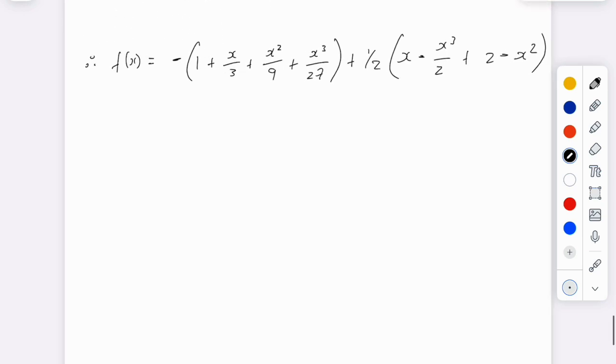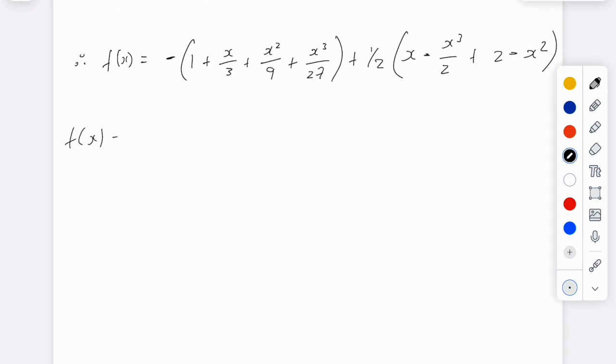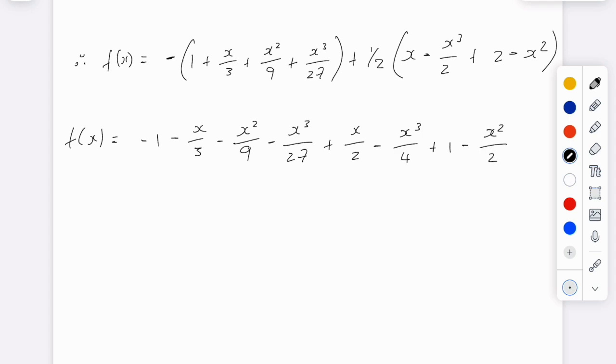Perfect. So simplifying this out, f of x is then going to give me minus 1 minus x over 3 minus x squared over 9 minus x cubed over 27, plus x over 2 minus x cubed over 4 plus 1 minus x squared over 2.